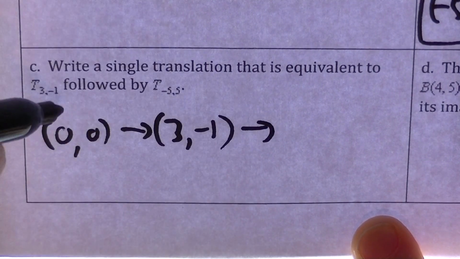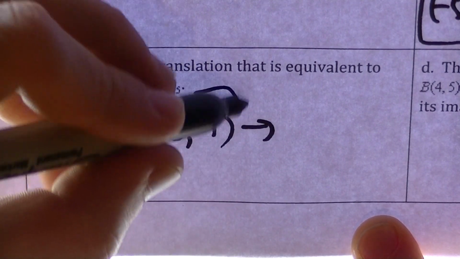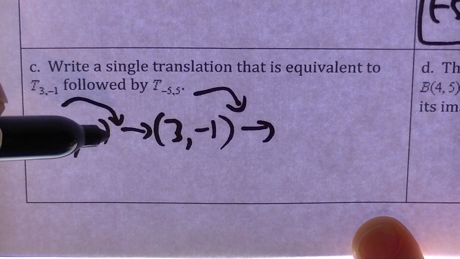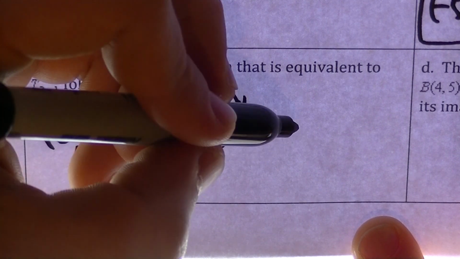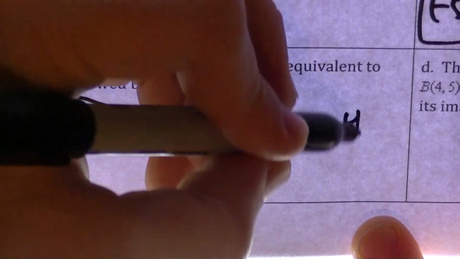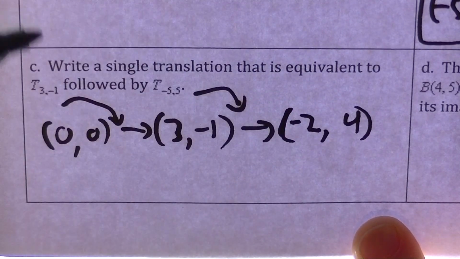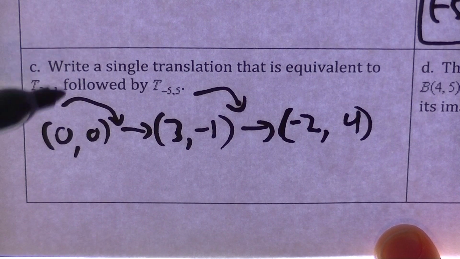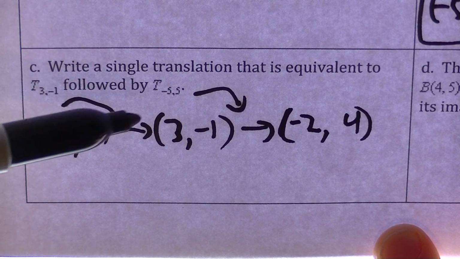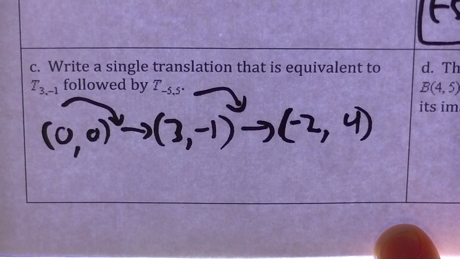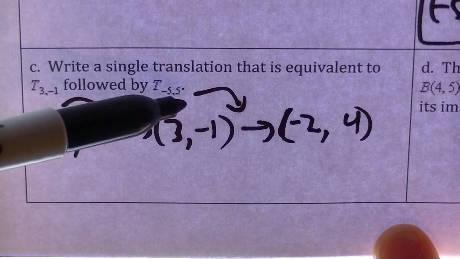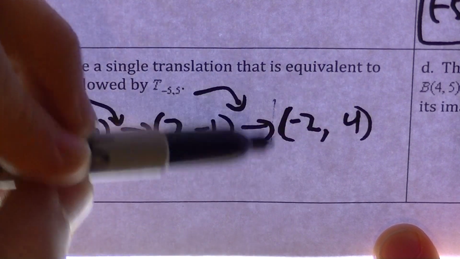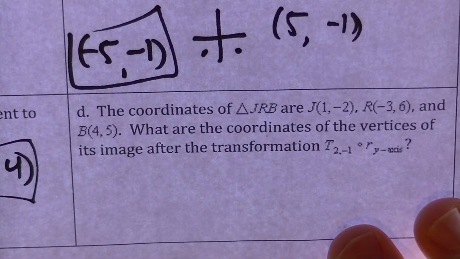And then I do the second translation, -5, so that'll get me to -2, and +5 will get me to +4. This is the equivalent translation, because +3 - 5 is -2, and -1 + 5 is +4. All right, let's go on to the last question here.